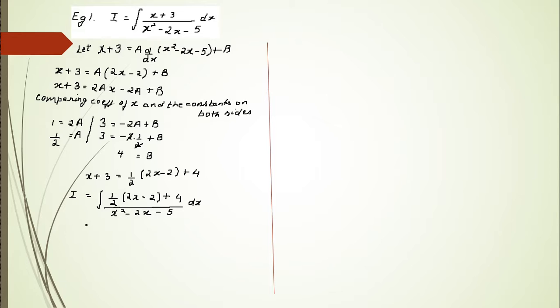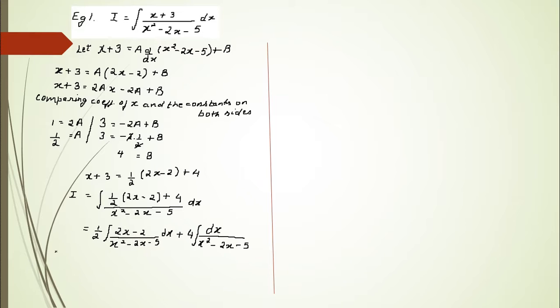Therefore we will get that this is equal to 1 by 2 integral 2x minus 2 divided by x square minus 2x minus 5 dx plus 4 integral dx divided by x square minus 2x minus 5.